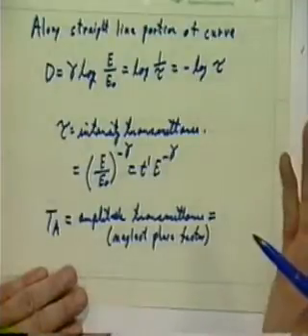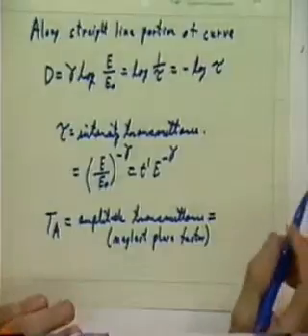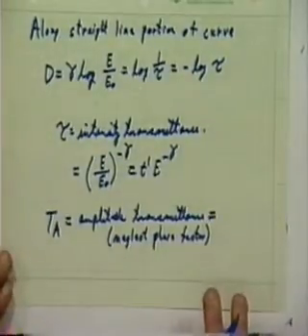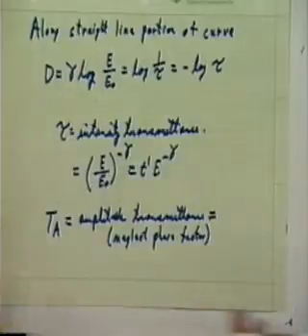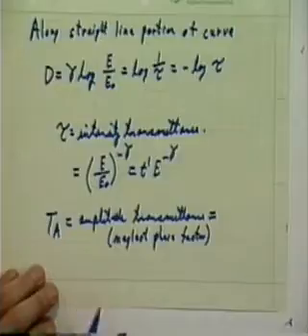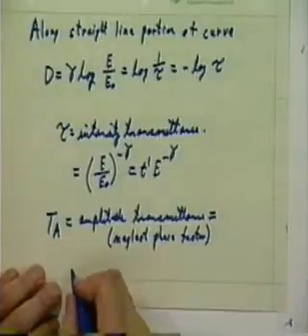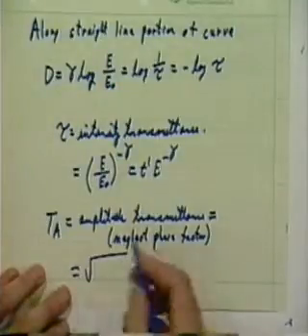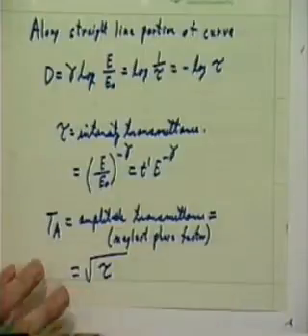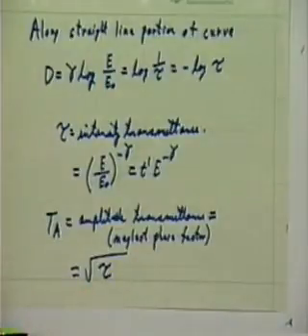So you index out the height variations on the film. You may still have a little phase variation in the film, depending on the processing. But again, we're going to neglect that right now. And so, neglecting the phase factor, this is going to be equal to the square root of the intensity transmittance.